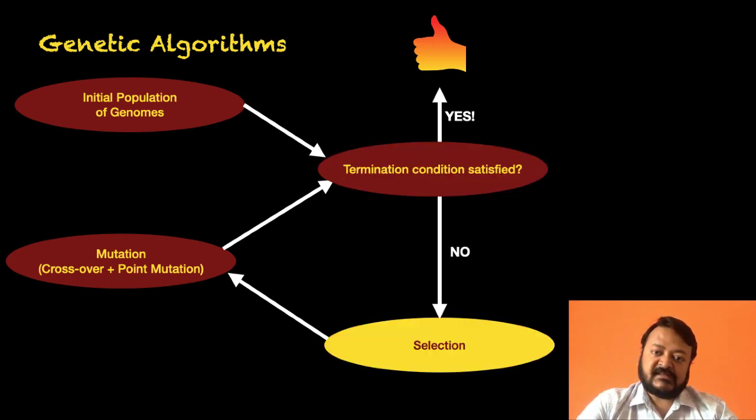selection. So what does selection mean? Genomes or binary strings which have a higher fitness value have a greater probability of being selected for the next generation. So you have many different generations in this process of genetic algorithms. Each generation is like one iteration. So in the first step you have an initial population, then in the next iteration or the next generation you have an evolved population.